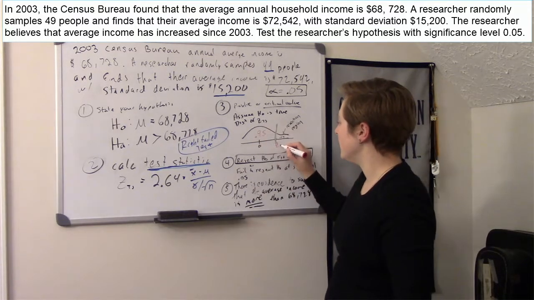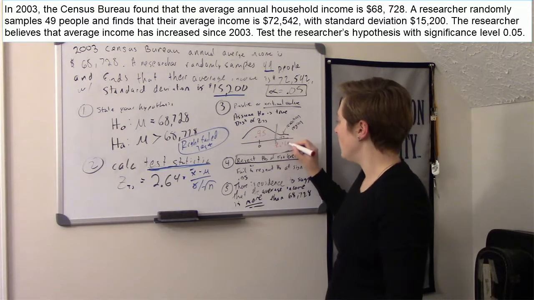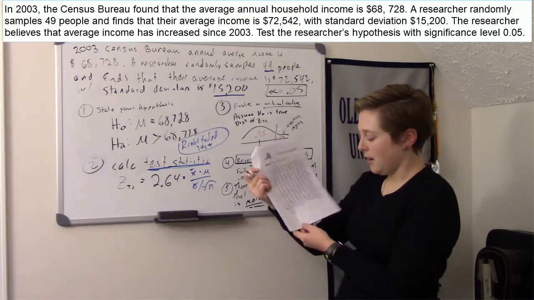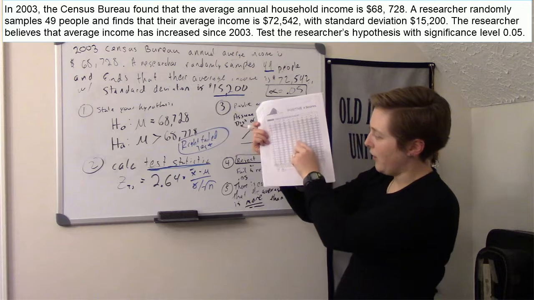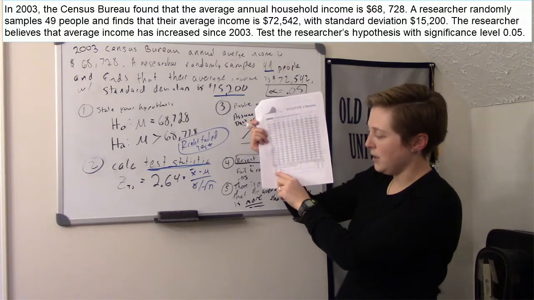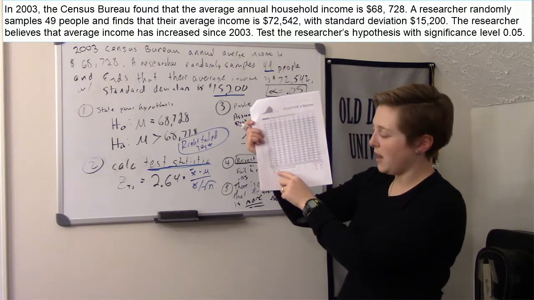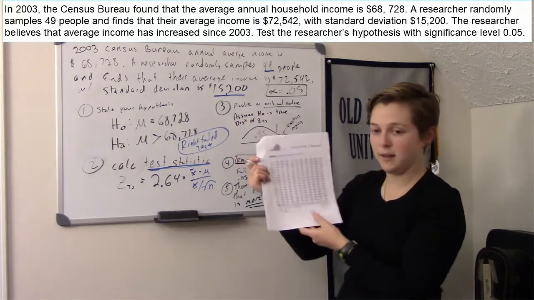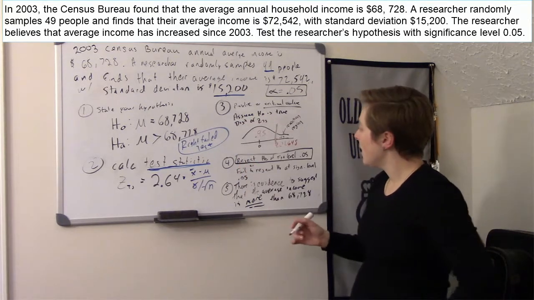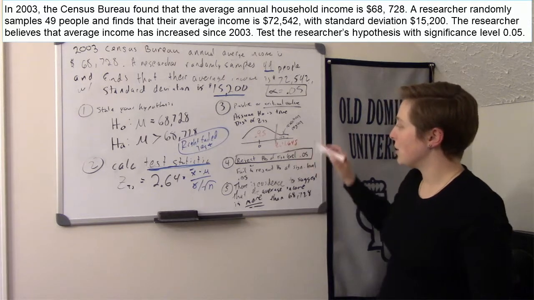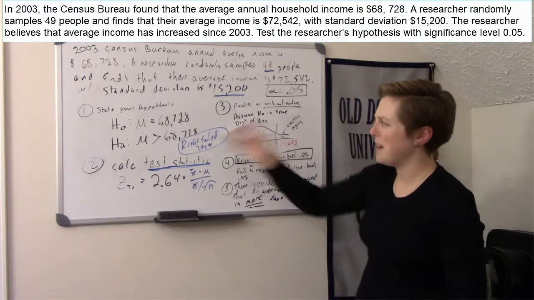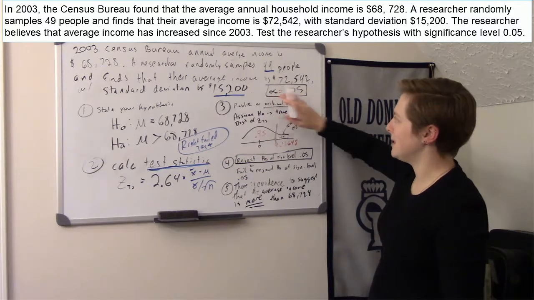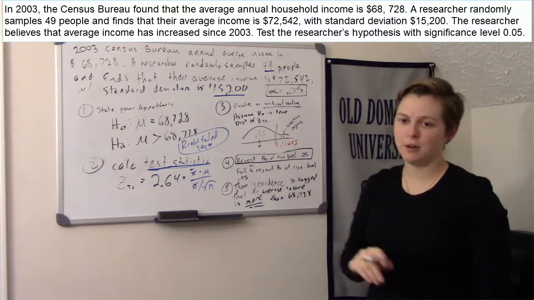So this is 1.645. If you follow that star, there's an arrow on your table. It says z-score 1.645, area 0.95. Pull out your table and make sure you can see that there too. So there you go. That's my critical value. For all right-tailed hypothesis tests with significance 0.05, that will always be your critical value.